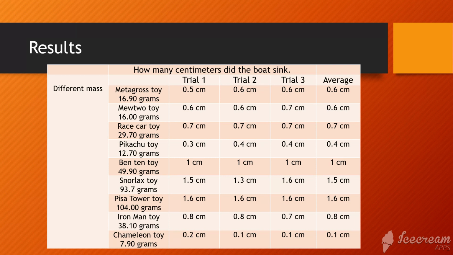So we can know that our results support our hypothesis, because the bigger the mass is, the more the boat sinks. And another example could be that the race car toy weighs about 29.7 grams, and the Mewtwo toy, which only weighs 16 grams, made the boat sink less, while the race car toy made the boat sink more by 0.1 centimeters.